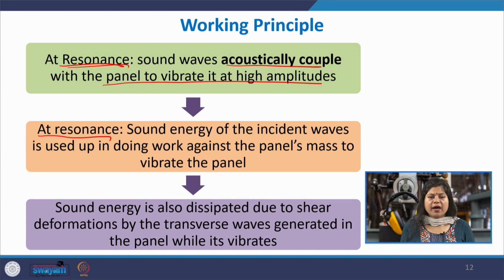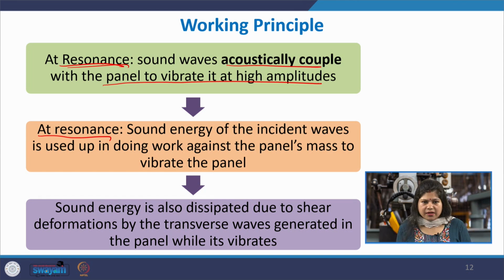So, what you can say here, in a very crude way, is that suppose I am in a room, there is some kind of noise source and these acoustic panels are installed. Whenever the frequency of the noise source matches with the natural frequency of that panel, then that frequency can create resonance, which means that it can help acoustically couple with the panel.